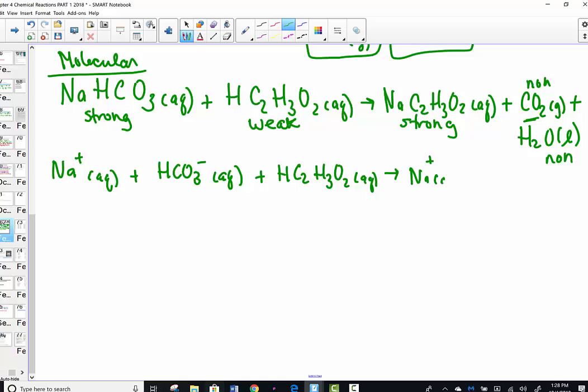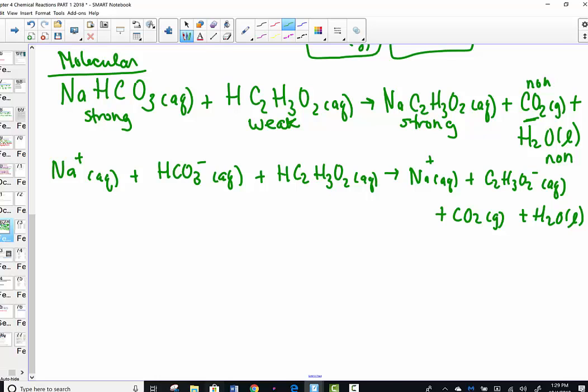Sodium acetate is a strong electrolyte, therefore it dissociates into its ions of sodium and of acetate. We broke apart the soluble salts. We leave together the weak acid and the molecular compounds, carbon dioxide and water. This is called the ionic or complete ionic equation.